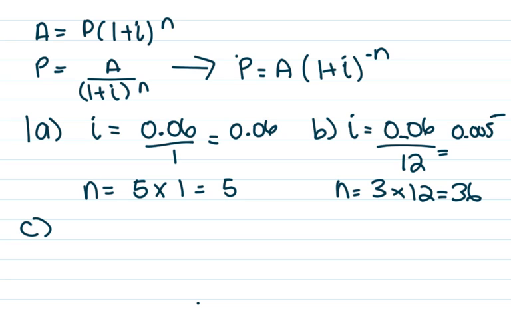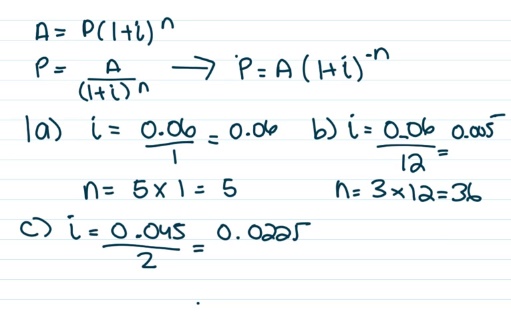Letter C, we have an investment at 4.5% per annum, compounded semi-annually for 42 months. So interest is 4.5%, so 0.045. And this is compounded semi-annually, so that means twice a year. So we'll divide it by 2, and that is 0.0225.